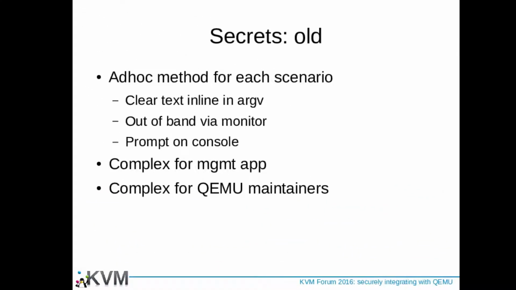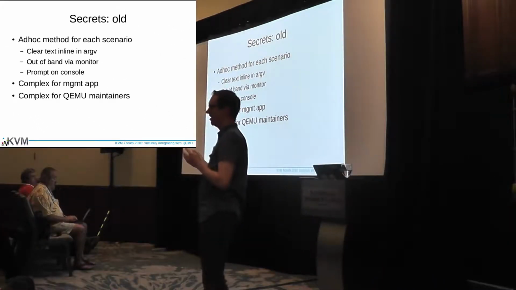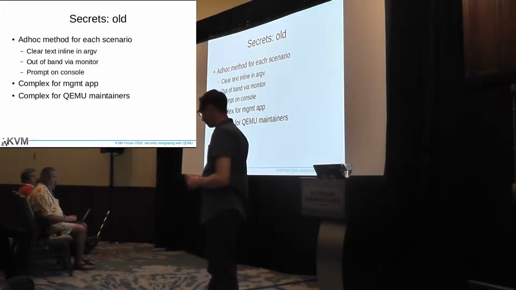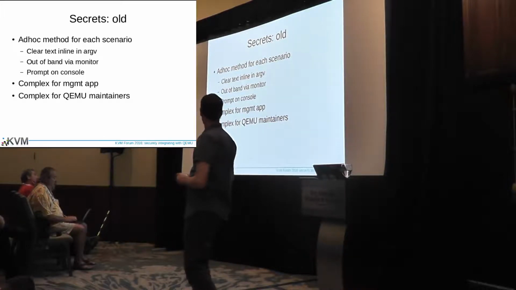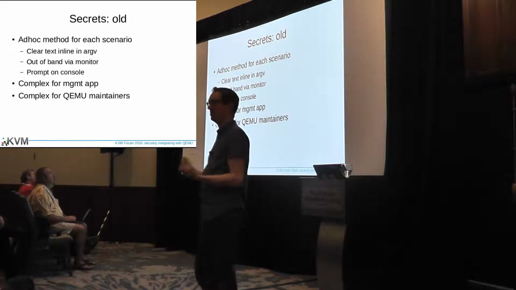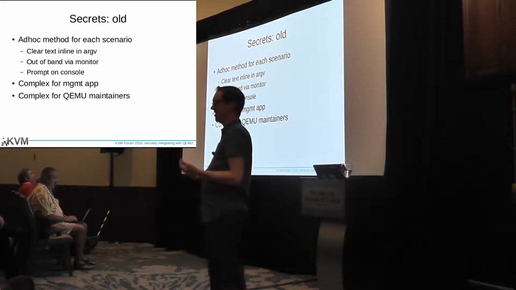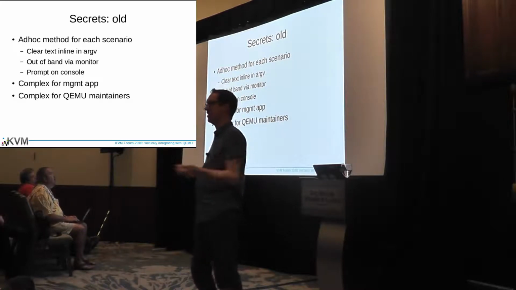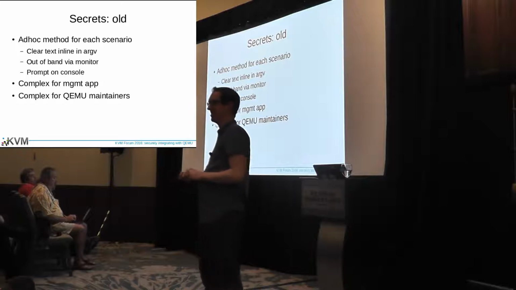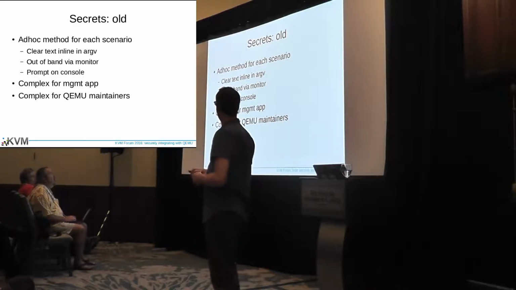So the first thing I'd like to talk about is a little bit of infrastructure that we had to deal with before we got to the real meaty stuff. QEMU has never really had a good way to provide its secrets. People have done it on an ad hoc basis. For example, the RBD configuration just takes a password on the command line in clear text, so anyone running ps on the machine can see that password.